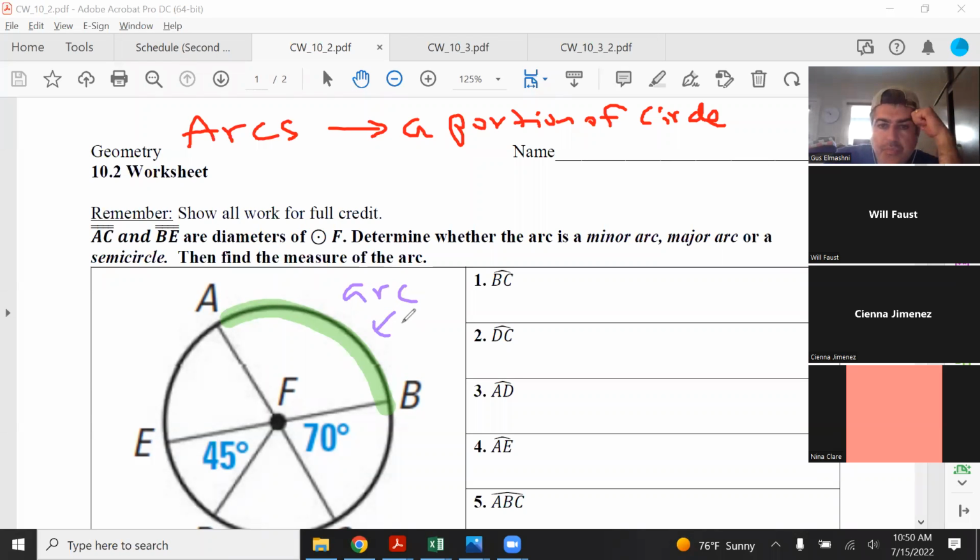That's all it is. An arc is just simply a portion of a circle, or a portion of a circle's circumference. Maybe let me rephrase that. Because you could also think of it like this too, like maybe this whole slice of pie, like a slice of pie or a pizza.